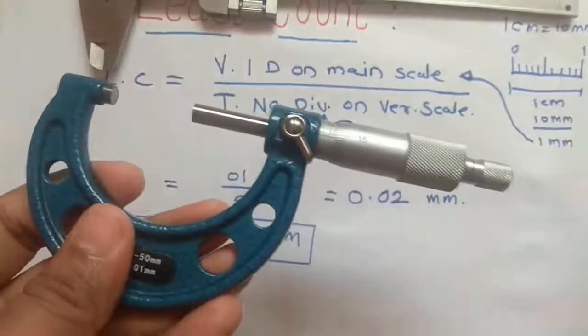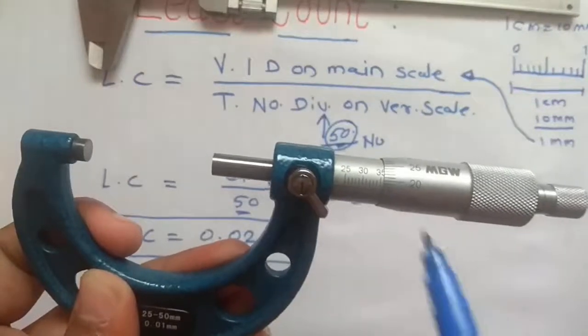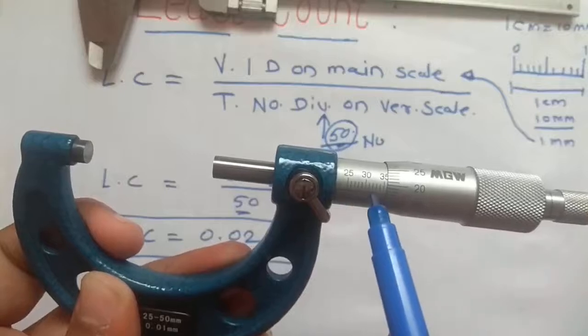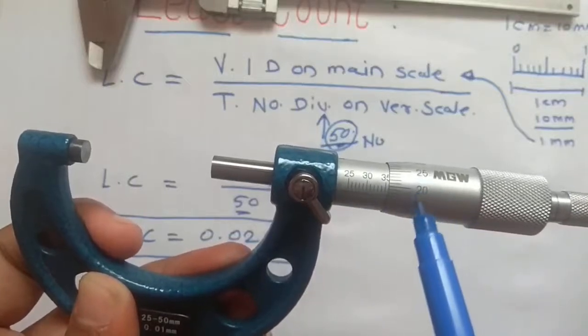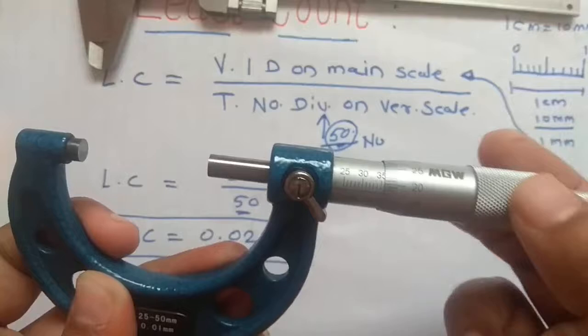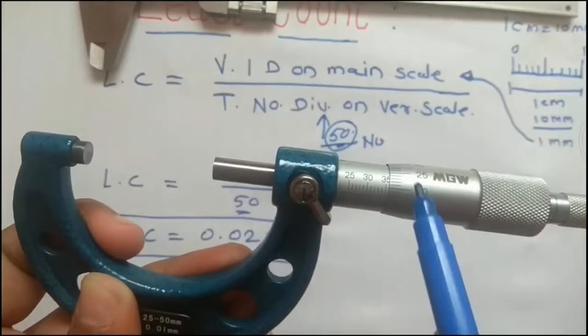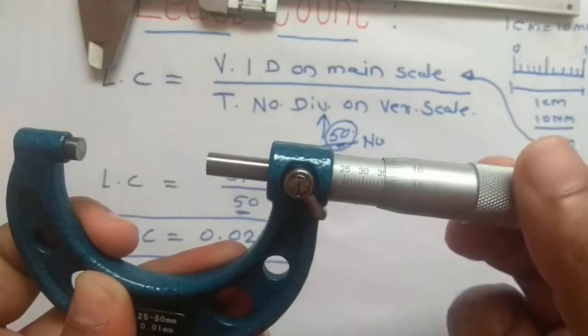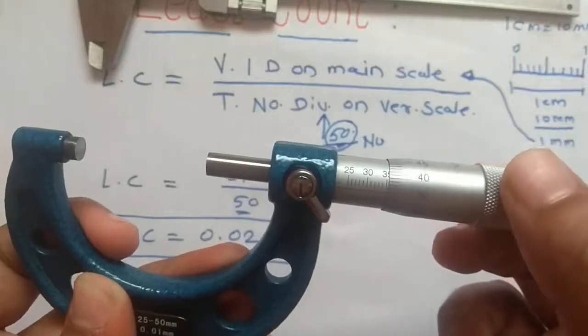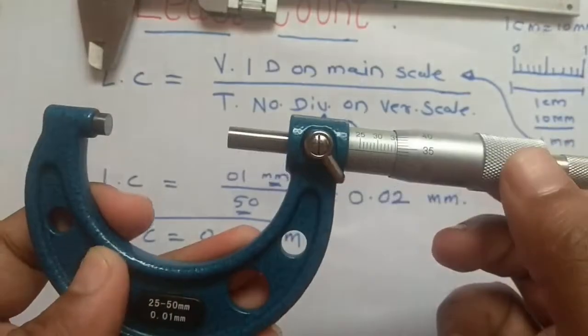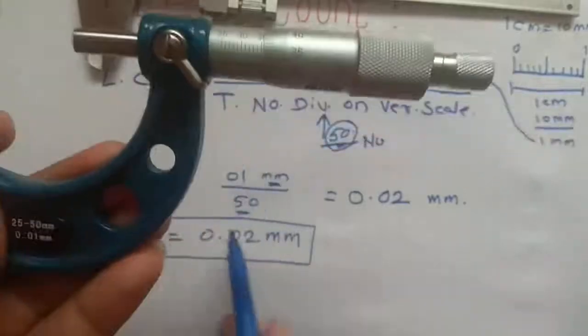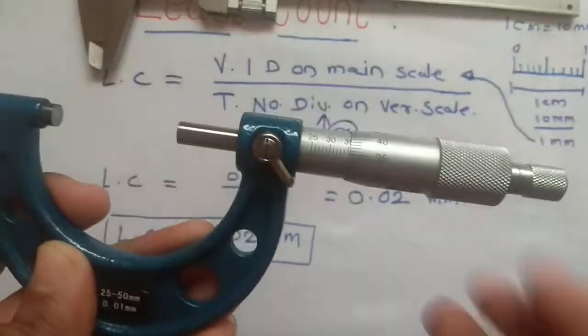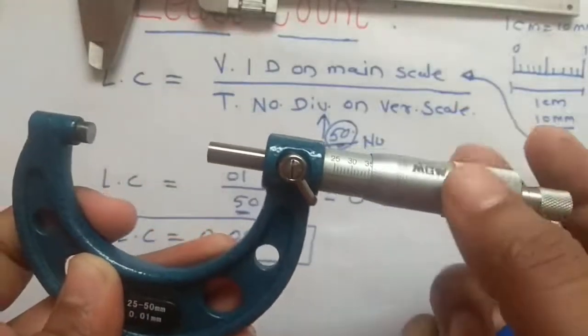The first one is the main scale, and this is the vernier scale. It can also be called the fine scale or rolling vernier scale on a thimble. And you can find the least count of the micrometer by using this formula. This is a simple one.